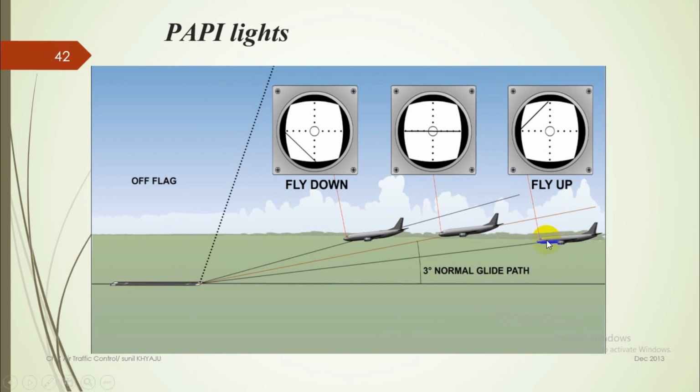When an aircraft is approaching below the correct angle of descent, the pilot sees three red and one white light or all four red lights of the PAPI lights.